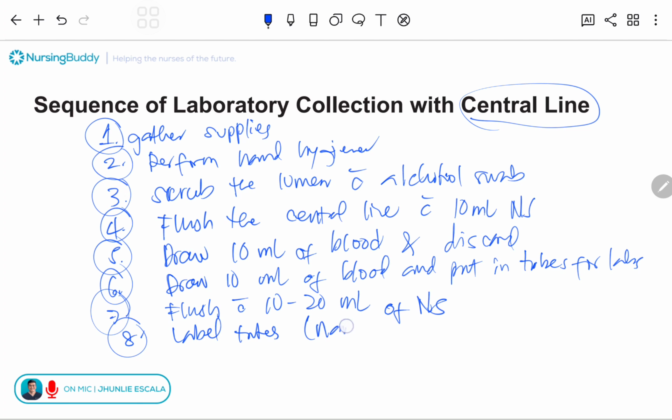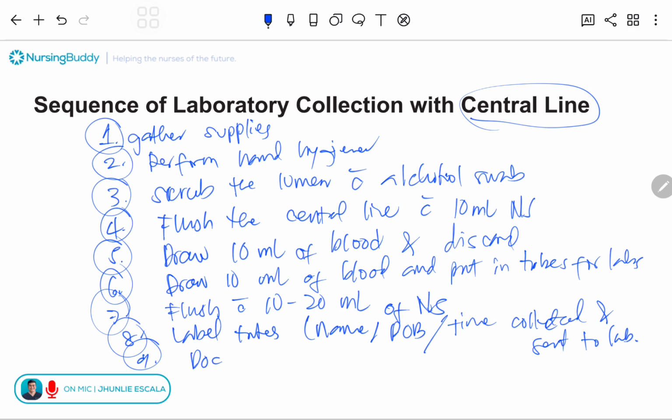The name and date of birth, class, and also time collected and sent to lab. So ayan. And number 9, of course, lastly, document collection.